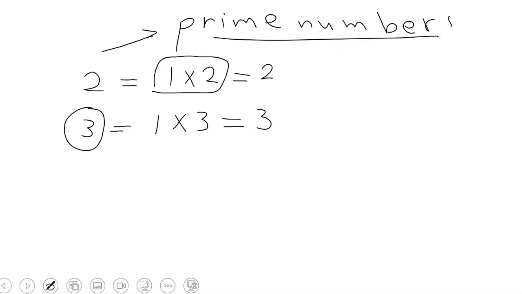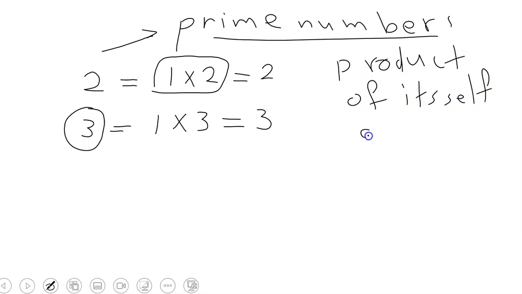It has only two factors to make the number, 1 and itself. You can write it as a product of itself and 1 only.